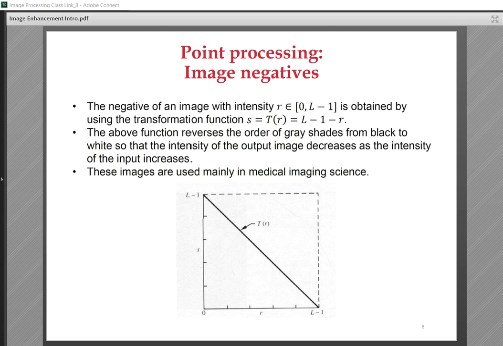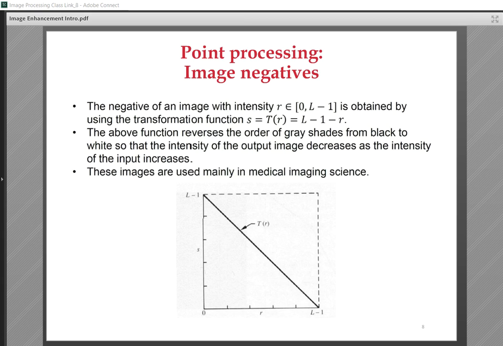Again, this is R, the original image gray level, and this is S, the new or transferred gray level, or intensity level. When the input is dark, the output is full bright, and when the input is full bright, the output is full dark, completely negative.